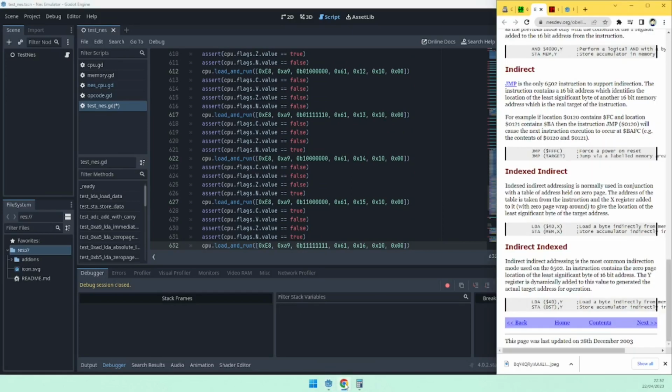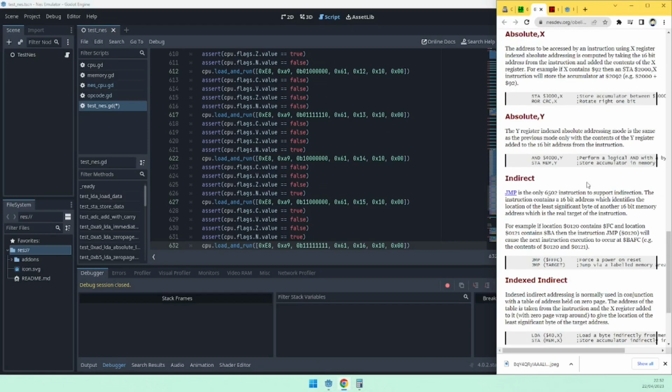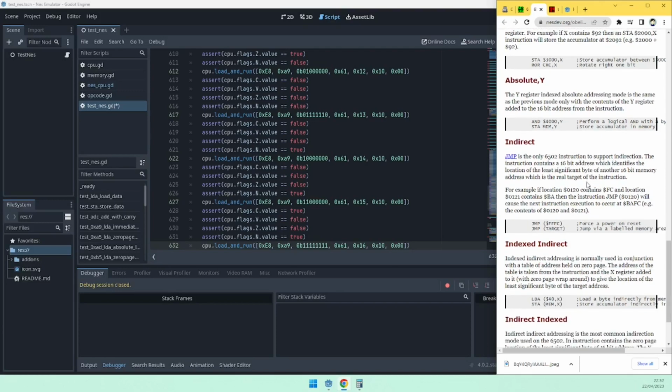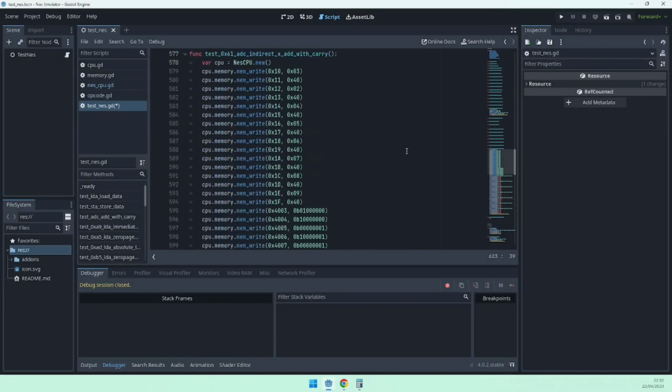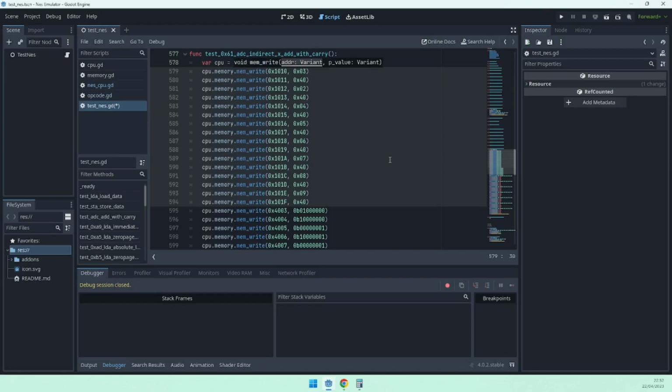It takes 2, right? Yes, it takes 2. So that means this should be in here.